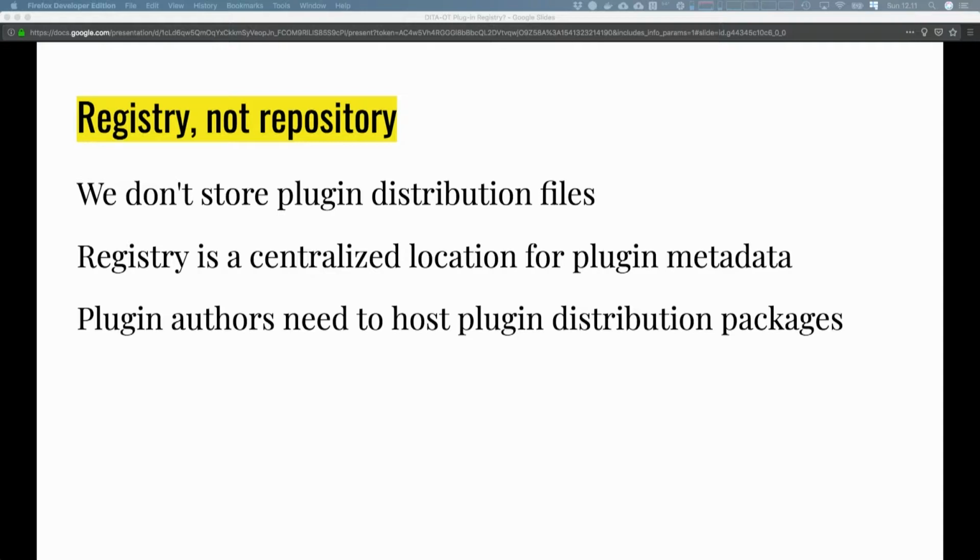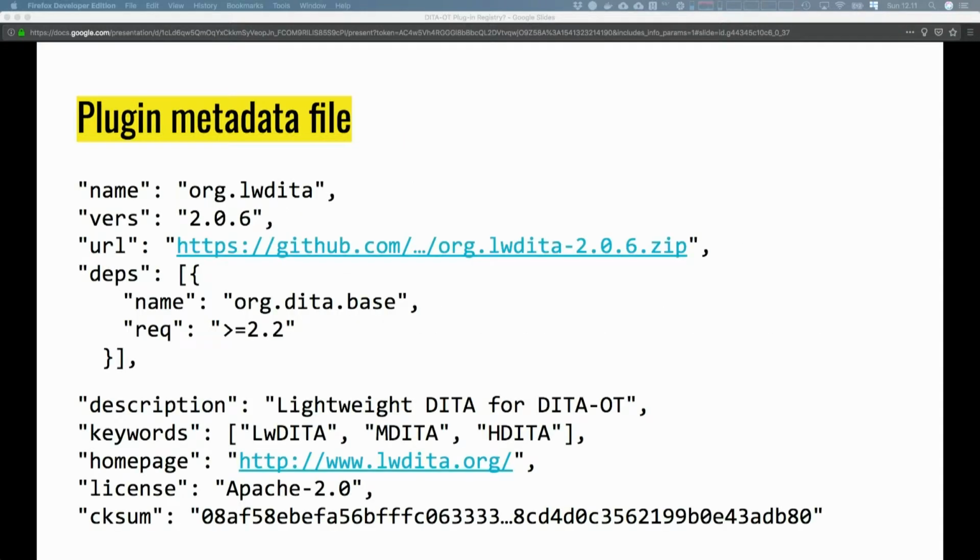It's kind of like the plugin.xml file inside your plugin, but we decided to use a different format. The actual plugin file, going into technical details, is a JSON file. This isn't the full JSON; I just stripped some things out.